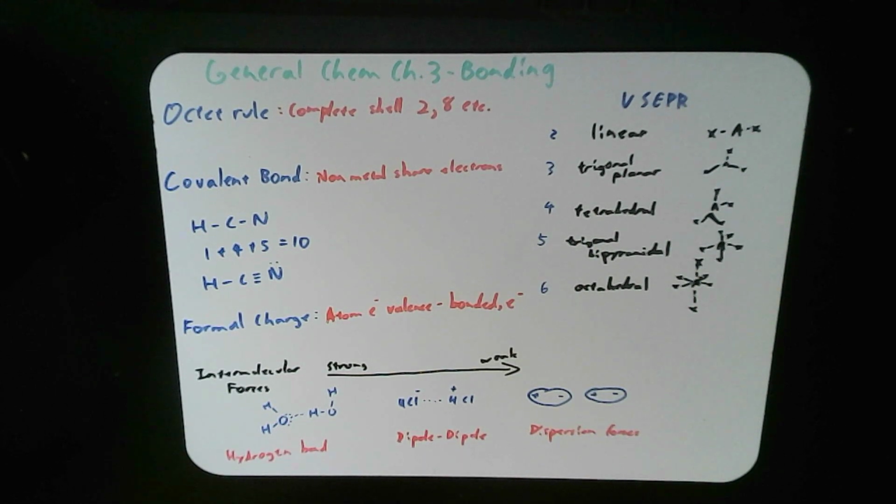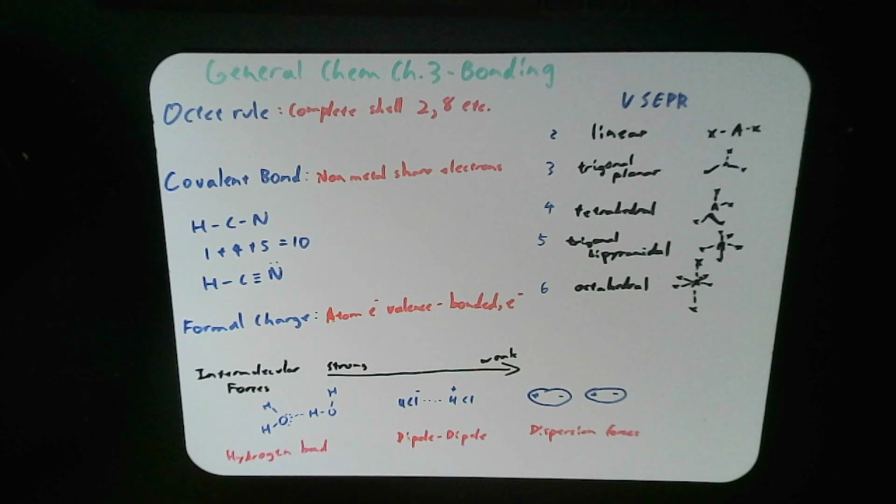So for instance, if you have a boron that's attached to 3 fluorines, and you have the covalent bonds between them, the boron gives 1 electron to each bond, and the fluorines each give 1 as well to share in that bond.